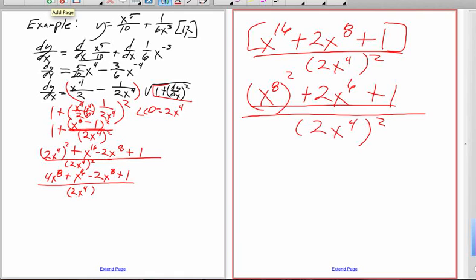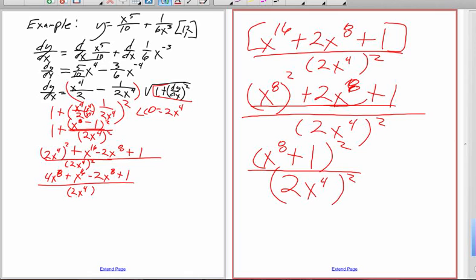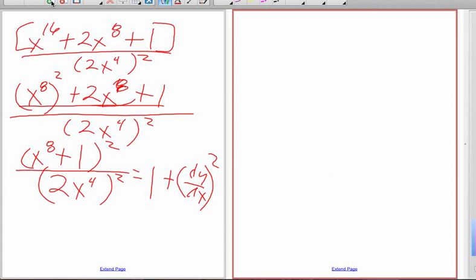So I've got x to the 8th squared, so I'm going to end up with x to the 8th plus 1 squared over 2x to the fourth squared. And remember, that's going to equal my 1 plus dy dx squared. Okay, so your question is, why the hell did we do all of this? Let's pop back into our original formula, and you'll see why.